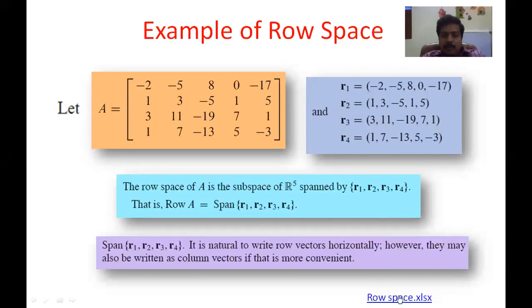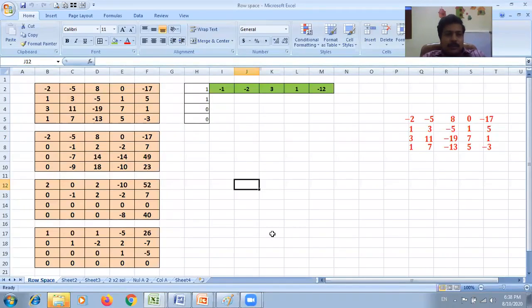So let us look into some examples again. I have taken that matrix here. After performing elementary row operations, now this is in echelon form. So the row space of A contains the linear combinations of these 4 vectors.